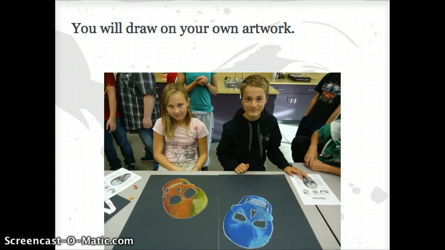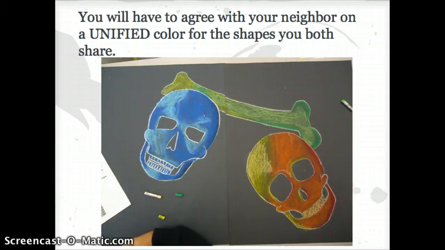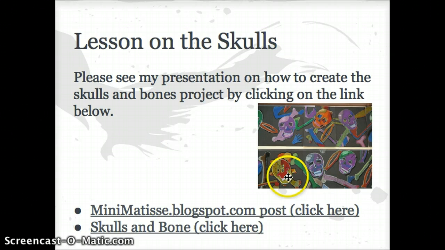And then we wanted to create unity in our artwork, so we also added some bones within our piece of artwork that we were creating. So here's a piece, and you can see that the bone goes across both pieces of artwork. They continue to add bones and shadow, and the project ended up looking something like this. You can see that everything is united by the same subject, the same medium, and the same substrate.